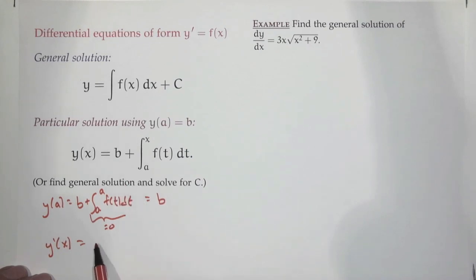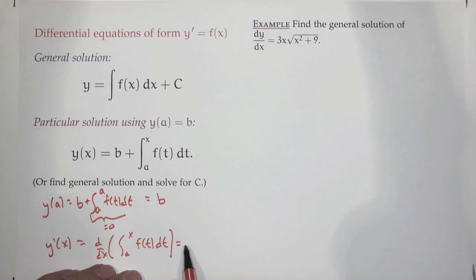So y prime of x is the derivative of the integral from a to x of f of t dt. Well, what's that derivative? Some people are saying f of t. Some people are saying f of x. A lot of people are saying, I don't know. Or I'm just shy. I don't like to give the answers away.